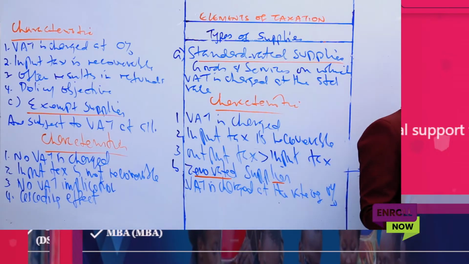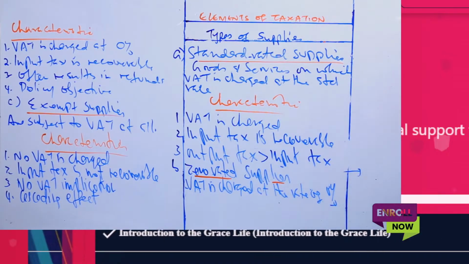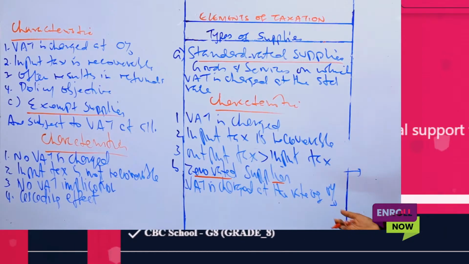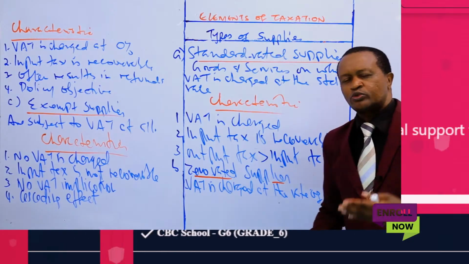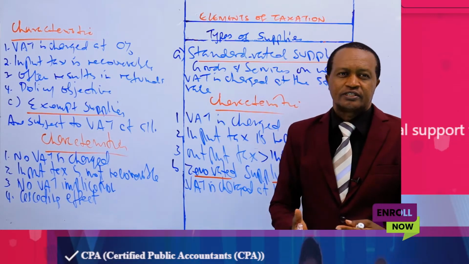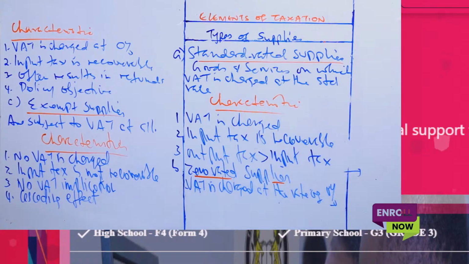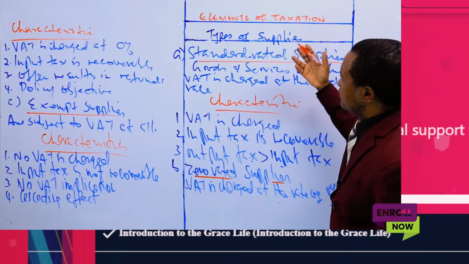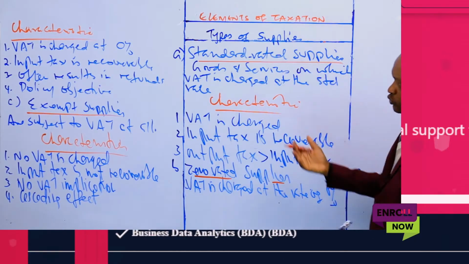It's important to understand the classification of supplies because of various reasons. And candidates, why do you think the classification of supplies is crucial for VAT? If you are to be asked, why is the distinction of supplies crucial?